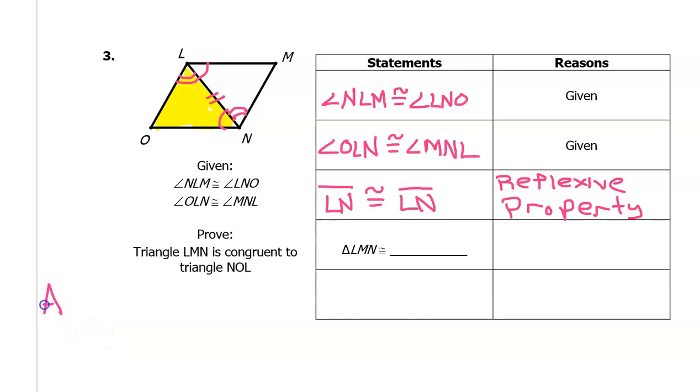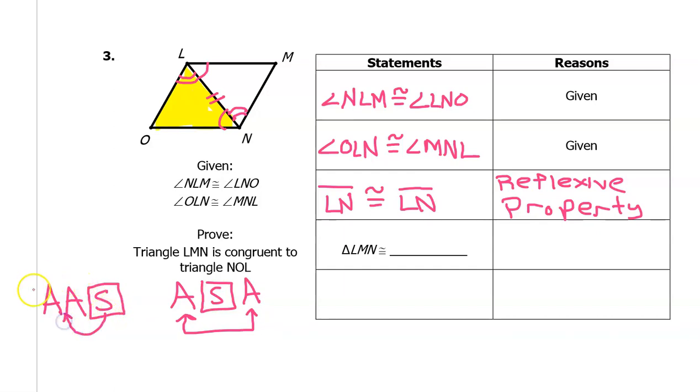So that means this will either be angle, angle, side, or angle, side, angle. It all depends on whether or not the side is between the two angles. If it is, then we have angle side angle. If the side is not between the two angles, then it's angle angle side.